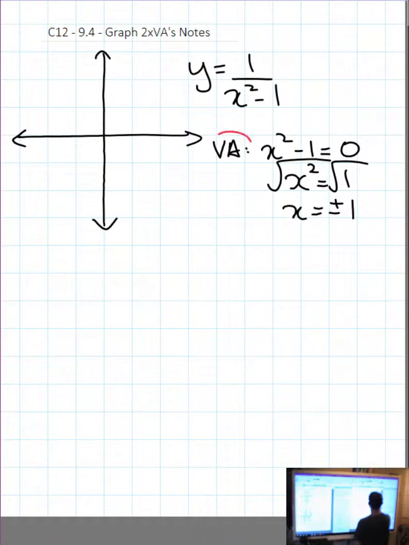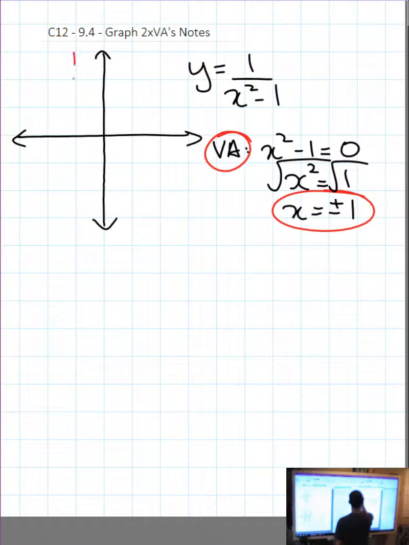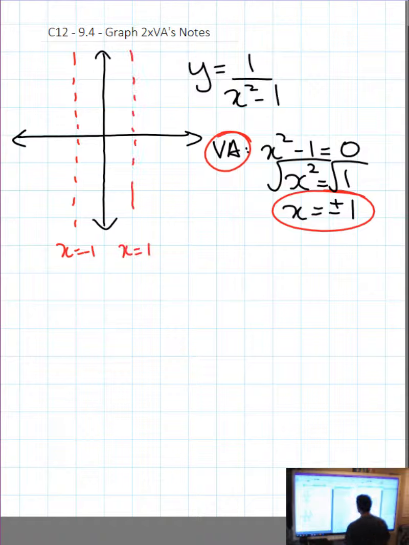So notice we have a vertical asymptote at both x equals negative 1 and x equals positive 1. For our horizontal asymptote, we're going to look at the function. We have 1 over x squared.